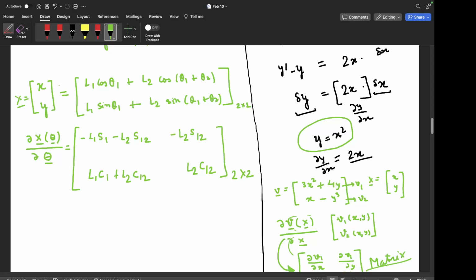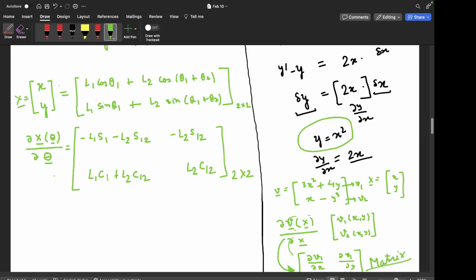I don't have doubt in the derivation, sir. Here, x and y, they are scalar, no, sir? Yeah. And L1 cos theta 1 plus L2 cos theta 1 plus 2, those are also scalar. Here, why are we taking the dou x of theta divided by dou theta, we have written here?